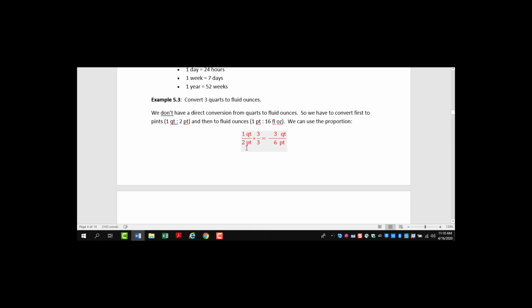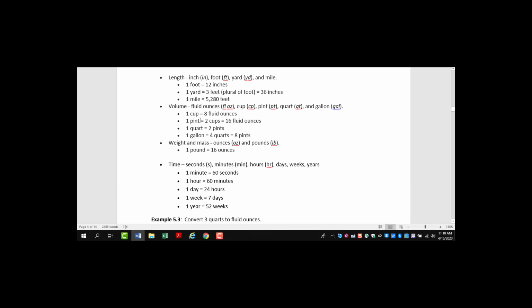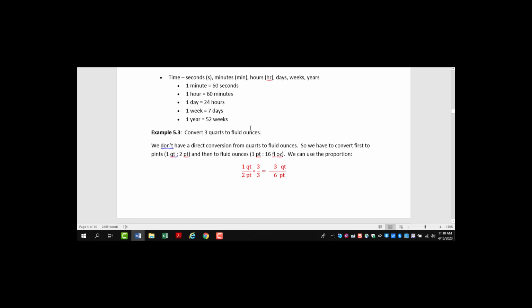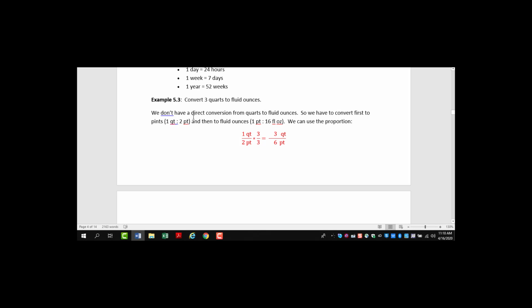So 1 quart is 2 pints, and that's right from here. 1 quart is 2 pints. So we're going to go 1 quart. We're trying to go from quarts to fluid ounces.